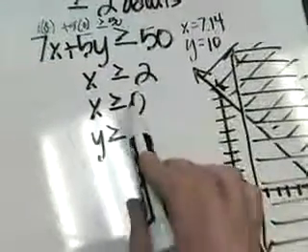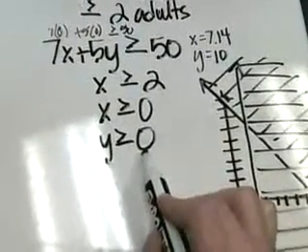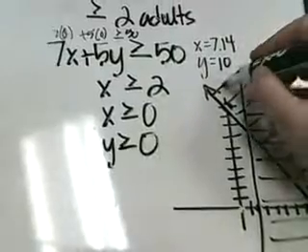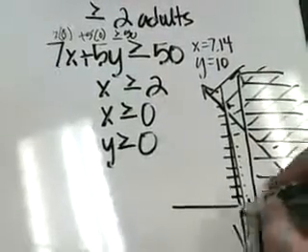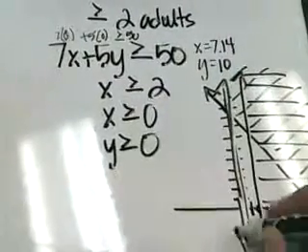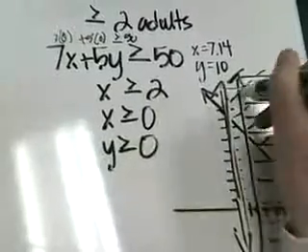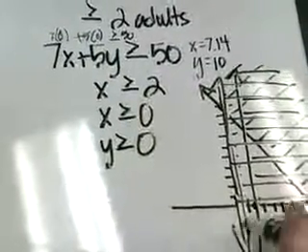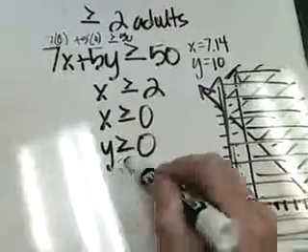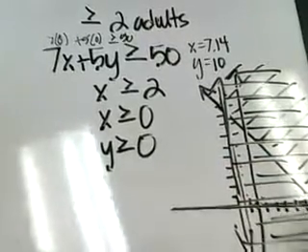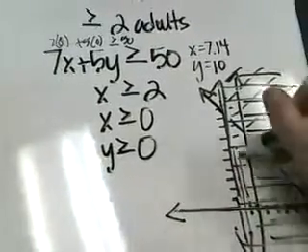Then these last 2, remember, keep my answers being positive. So here's x is greater than or equal to 0. Shade to the right. And here's y is greater than or equal to 0. Shade up.